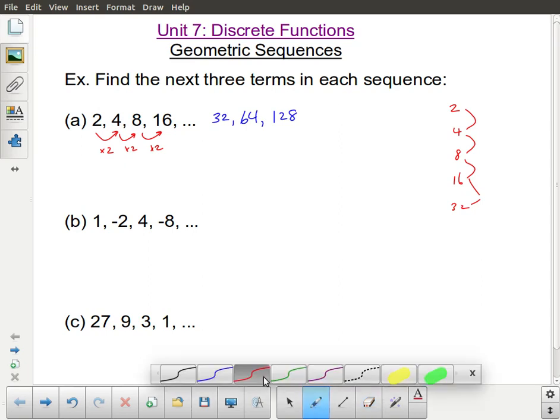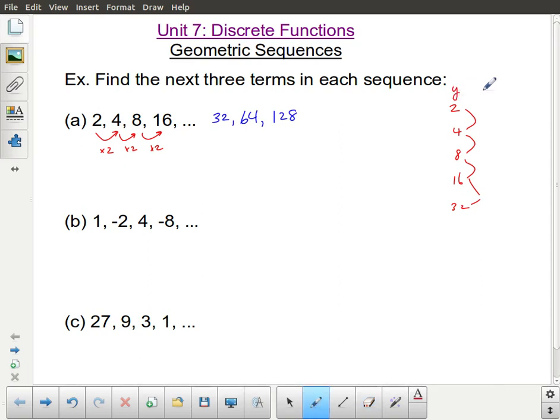Typically if this was our y value, if I then did the ratio y2 divided by y1, what's 4 divided by 2? 2. What's 8 divided by 4? 2. 16 divided by 8 is 2. 32 divided by 16 is 2.